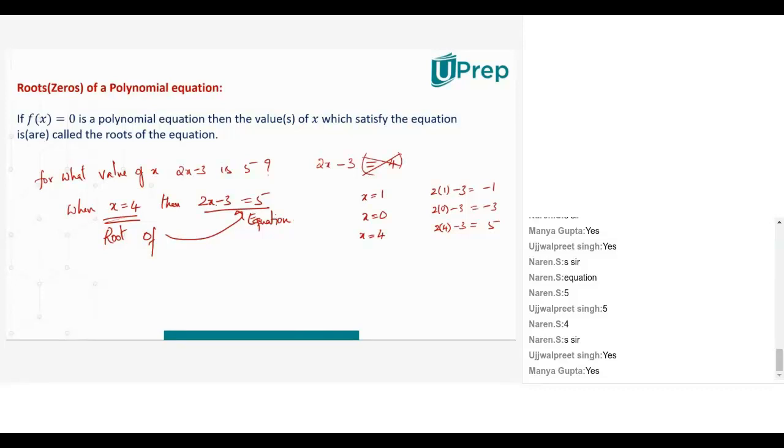When x equal to 4, the equation 2x minus 3 equal to 5 is satisfied. Then x equal to 4 is the root of this equation. Isn't it? That's what my teacher in 8th class told me. That's what my teacher in 9th class told me. So whenever f of x equal to 0 polynomial equation is satisfied, then that x is called the root.